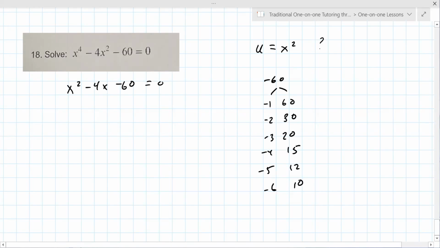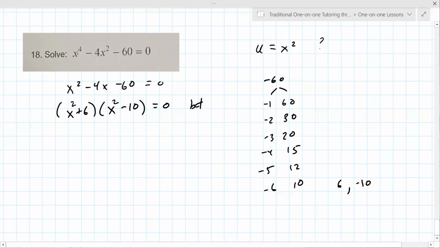So there we go, we got them. But these don't add up to -4, they have to add to +4. So it must be 6 and -10. So that helps here. That's x plus 6, x minus 10 equals 0. But we're not solving x, these are now x squareds because of that there.